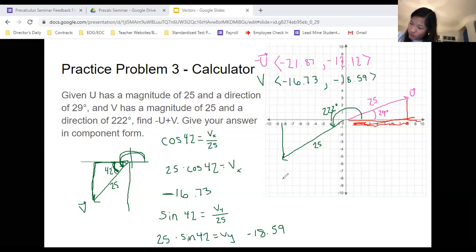Now back to the very original question, I need to find negative u plus v. So I just need to add my x components and my y components together.